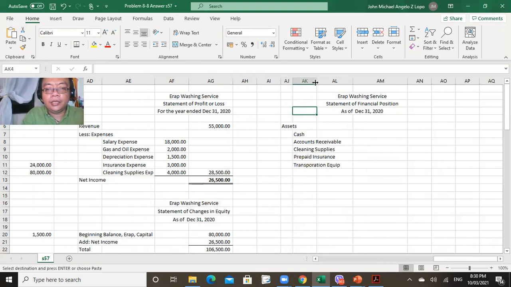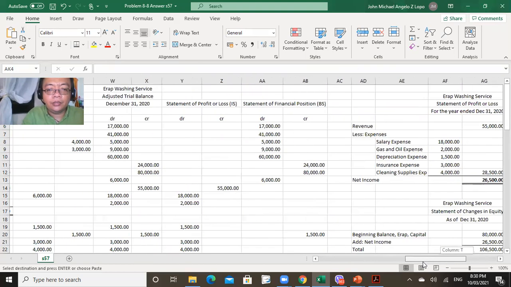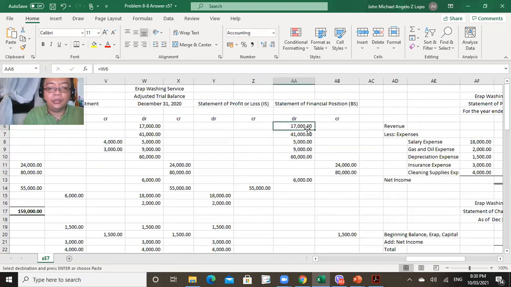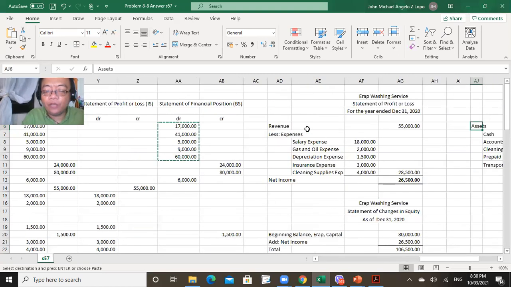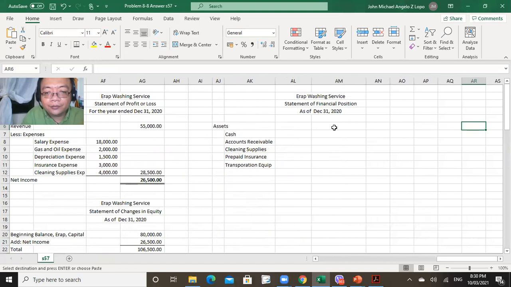And after that, take note, just copy the balance of it. I think this is going to be here. So meaning if you have now your worksheet, it's easy, right?